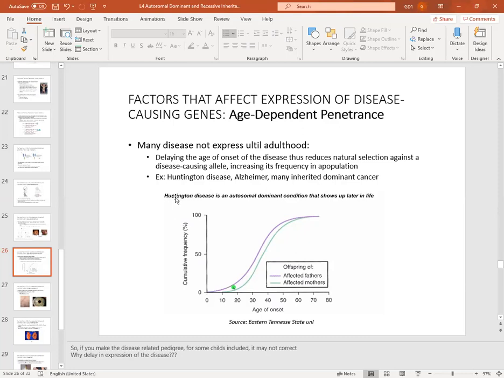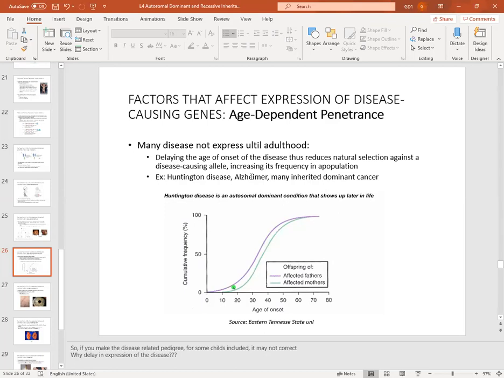For example, Huntington disease, which I took from the internet, is expressed only in older people. Another is Alzheimer's disease.